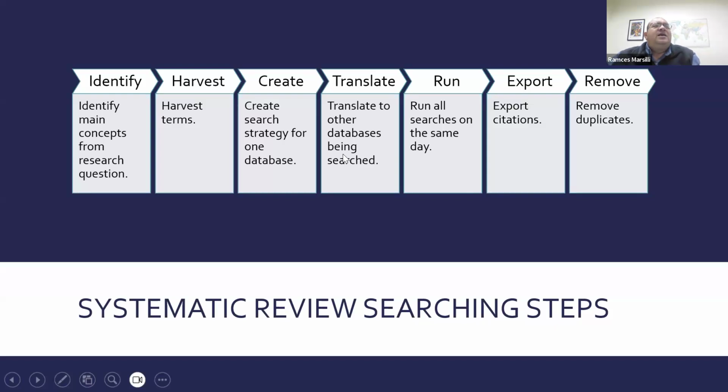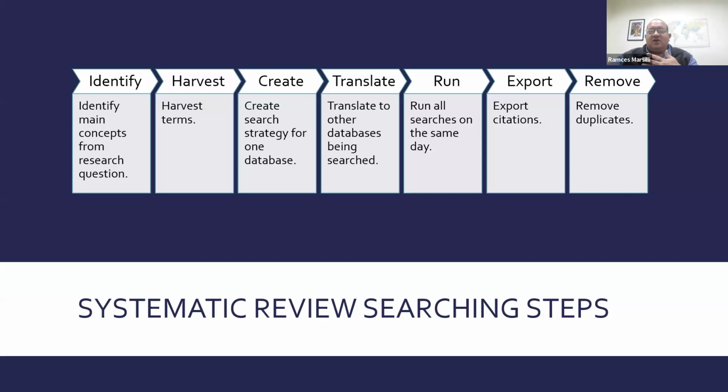Okay, now, what are the searching steps? First, we're going to identify the main concepts from the research question. Then we're going to harvest those terms. You're going to create the search strategy for one database, which was the previous slide. We're going to translate it to the other databases being searched.